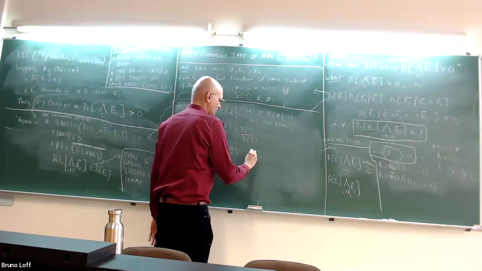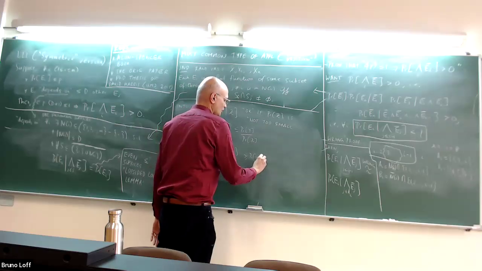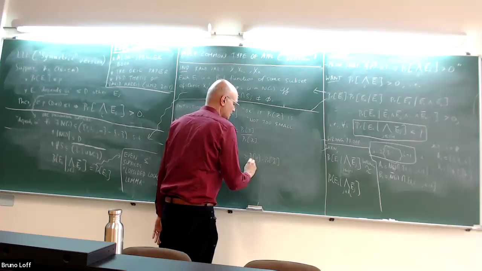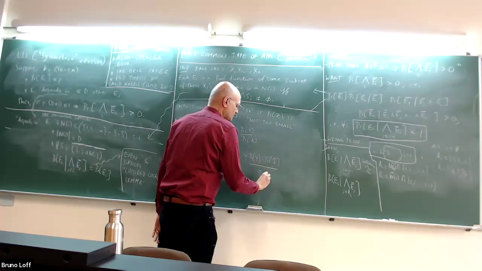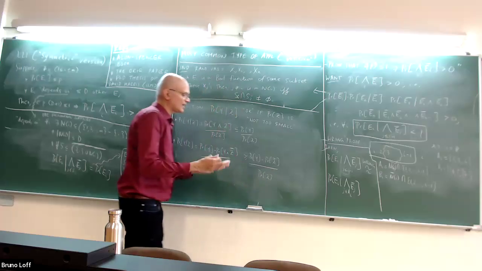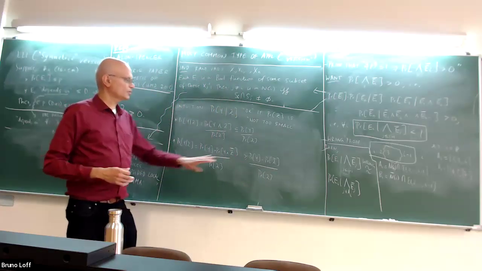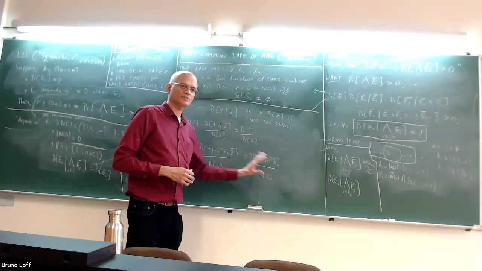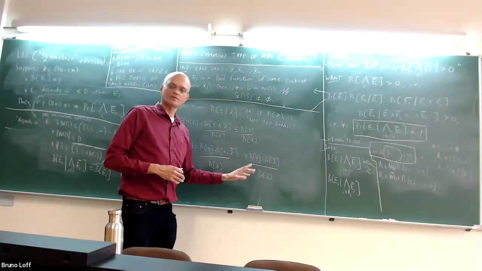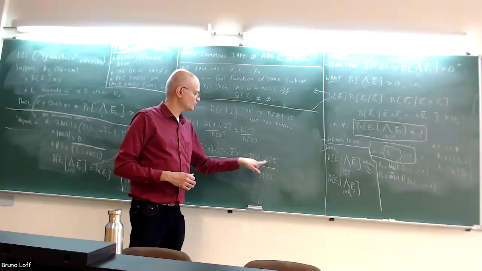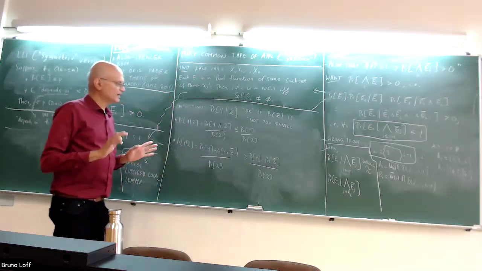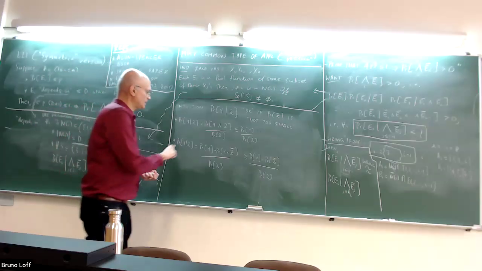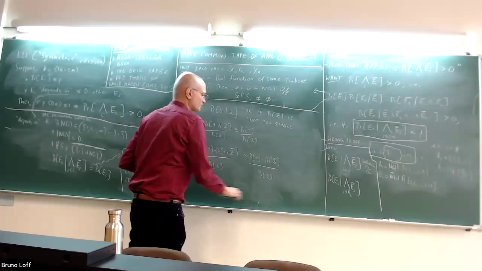Therefore, this is greater than or equal to the probability of y minus the probability of z complement. Although this is not always useful, you can still at least consider it. If the probability of z is large, then hopefully this is close to 0 and this is close to 1, and you're still maybe okay. This is a little more dicey because you're subtracting two things, but conceptually you're probably okay. But anyway, we mainly need the first one.